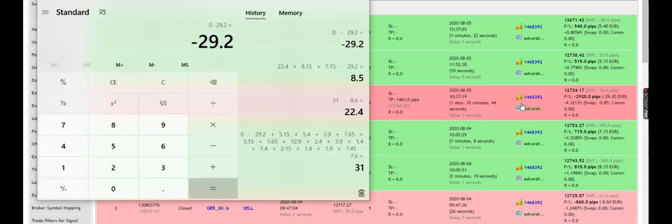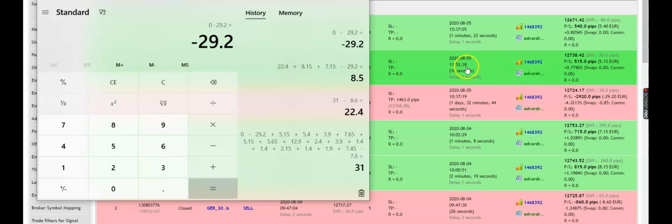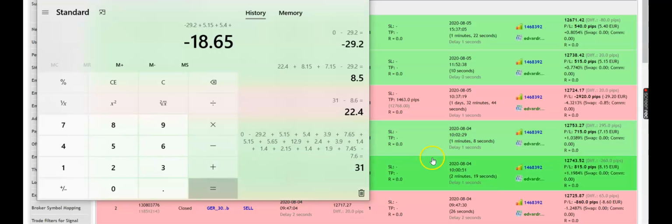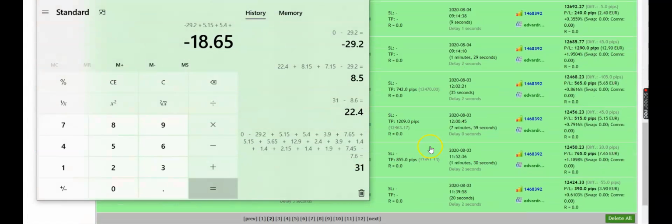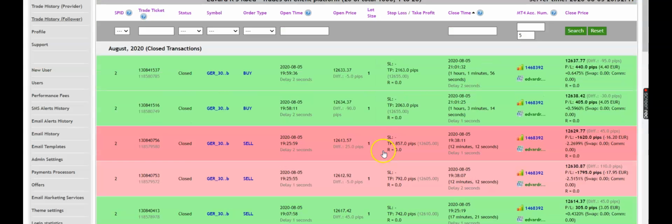So that created a small loss of €29.20. The next trade was a profit of 5.15, so plus 5.15. And then we had a profit of €5.40. Okay, and then we have to scroll down to go to the next page because that's on page 1.